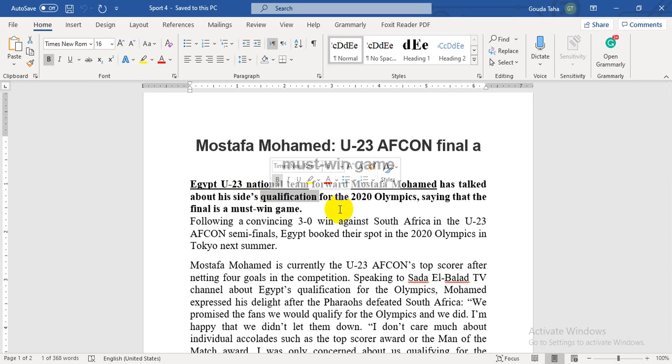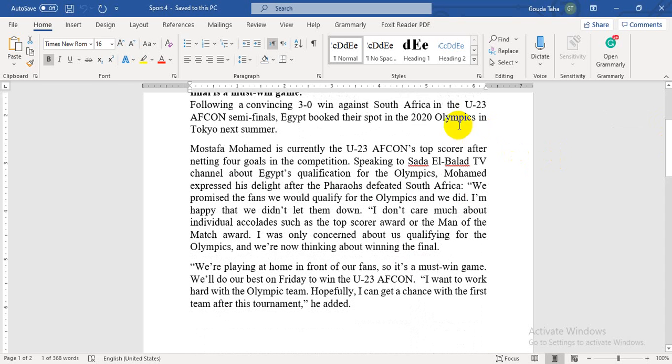Following a convincing 3-0 win against South Africa in the U23 AFCON semi-finals, Egypt put their spot in the 2020 Olympics in Tokyo next month. So we have Tokyo Olympics, دورة الألعاب الأولمبية in Tokyo, التي ستعقد في طوكيو next month.